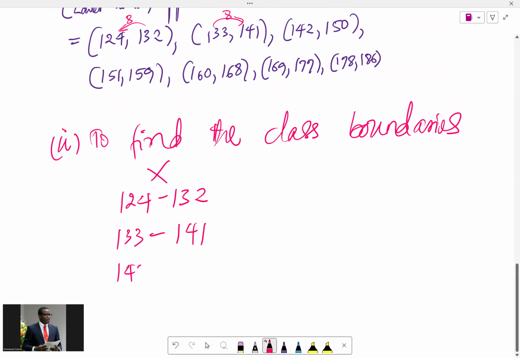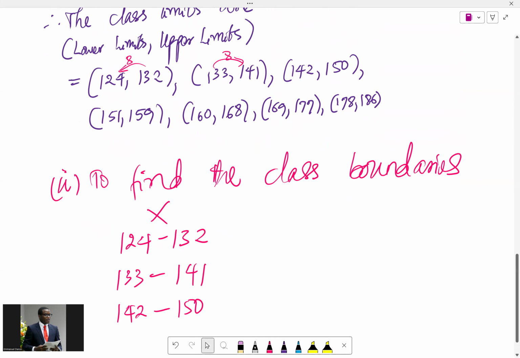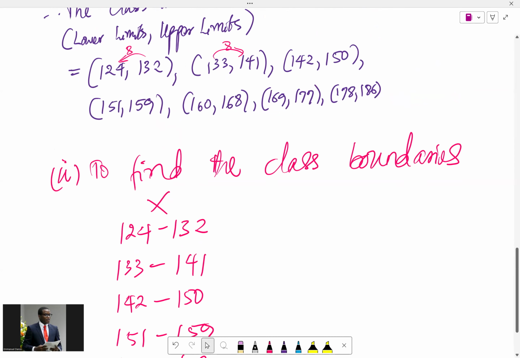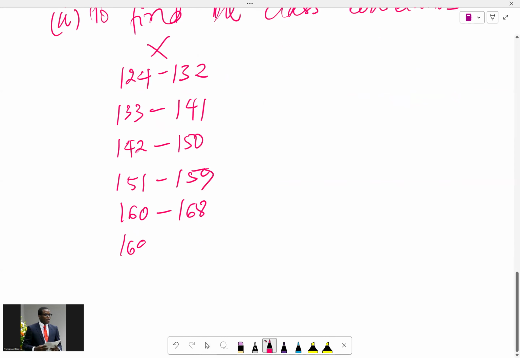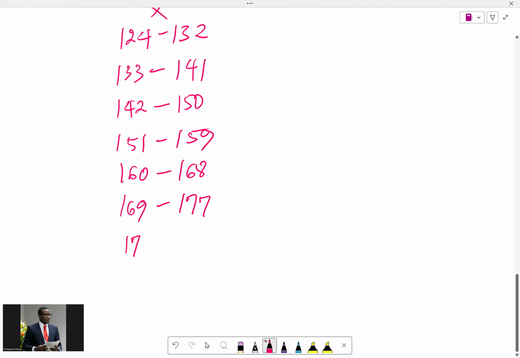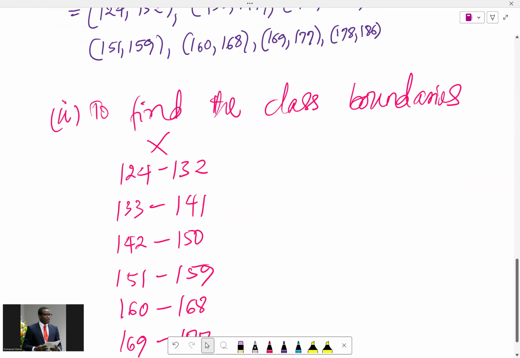Then you have 142 plus 8, that's 150. Then you have 151 to 159. Then you have 160 to 168. Then you have 169 to 177. Then 178 to 186. Okay, that's what we have.